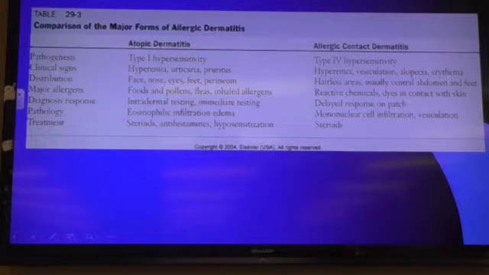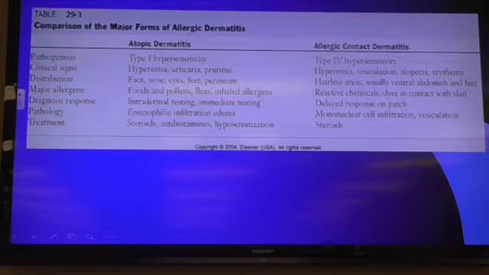Comparing again with type 1 hypersensitivity, a good example is atopic dermatitis, especially in dogs, as compared to allergic contact dermatitis, which is type 4. Again, contact dermatitis comes under type 4. So what are the differences?